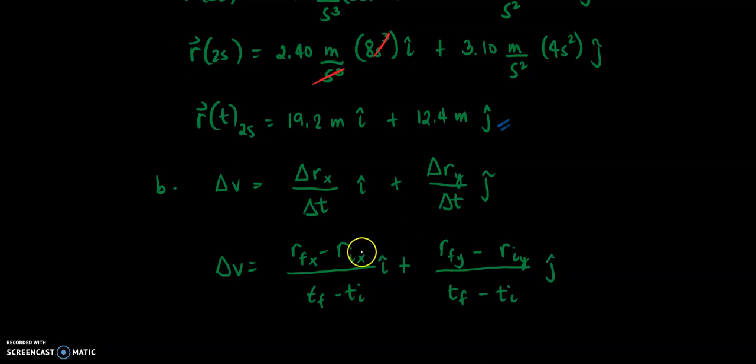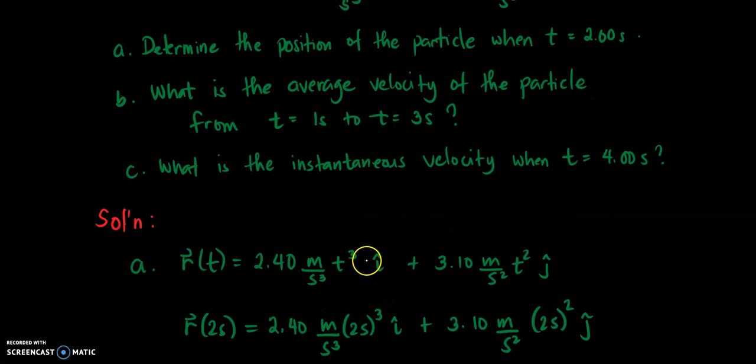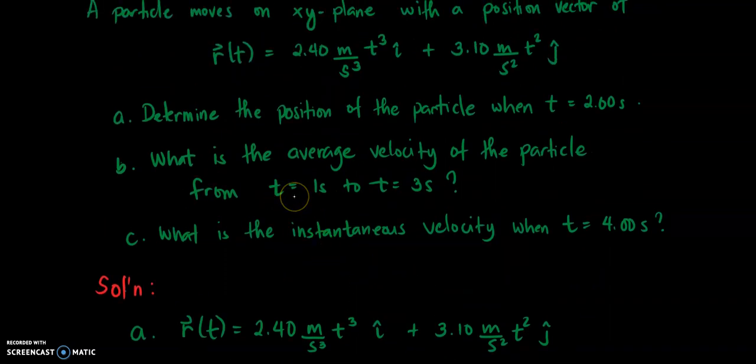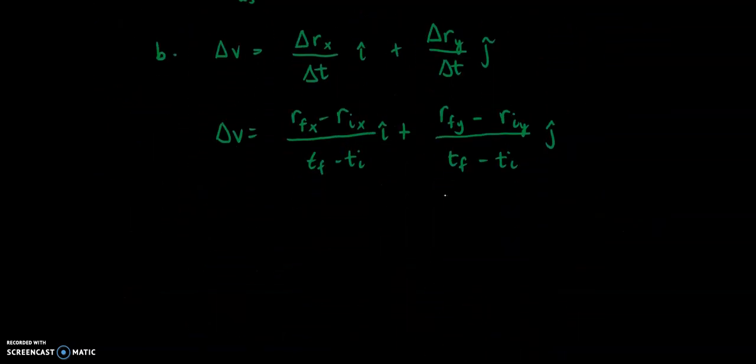Okay, so as you can see, we need to solve first the final position along x and y, and the initial position along x and y. So r1, the position vector when t is equal to 1, will determine the initial position, and the time equal to 3 will determine the final position. So we will solve first r1 and r3.